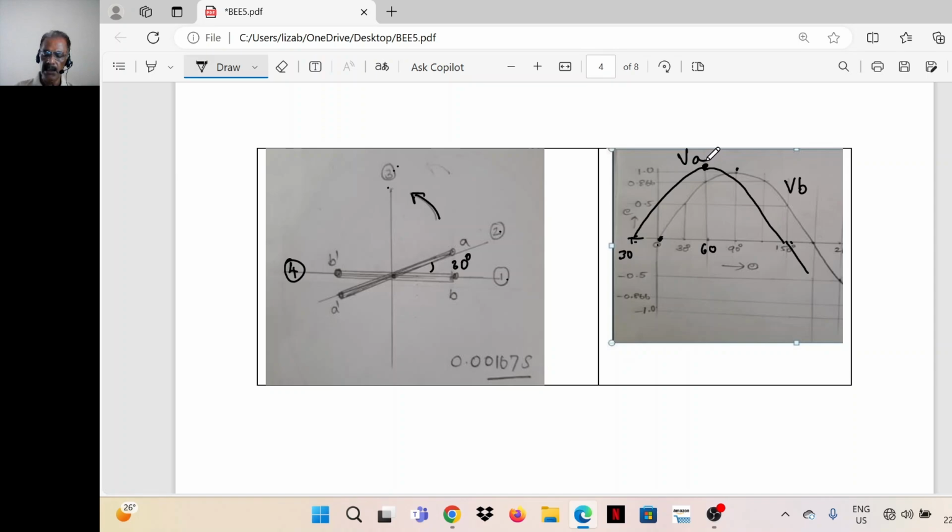Then VA reaches maximum first, and after another 30 degrees VB reaches that point. So there is a phase difference between the voltages induced in these coils. They are out of phase by an angle of 30 degrees.